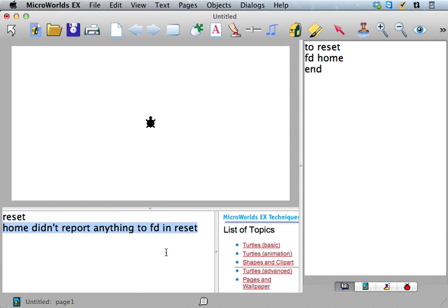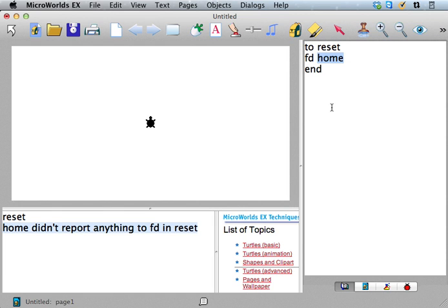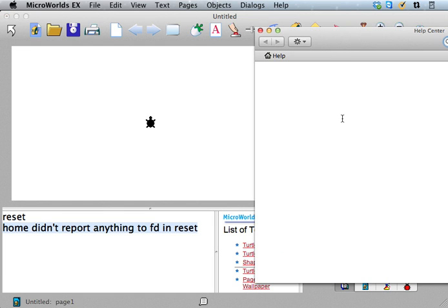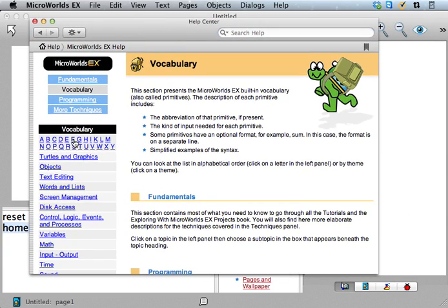Now this is telling us a couple of things. First of all, it's telling us that FD needs something. FD didn't get all its inputs, and so it's looking for its inputs over here. If we look up FD, that's the abbreviation for forward, in the vocabulary, what's it going to tell us?